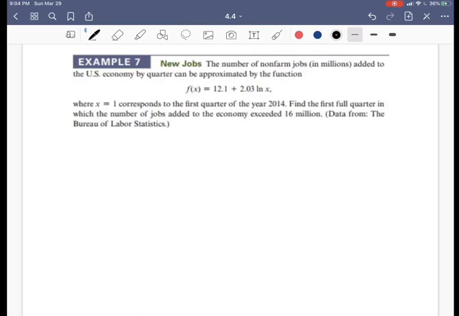Okay. So we have that f of x is equal to 12.1 plus 2.03 natural log of x. This is going to be rewritten because I'm going to set it to exceed 16 million. So this becomes 16 equals 12.1 plus 2.03 ln of x.